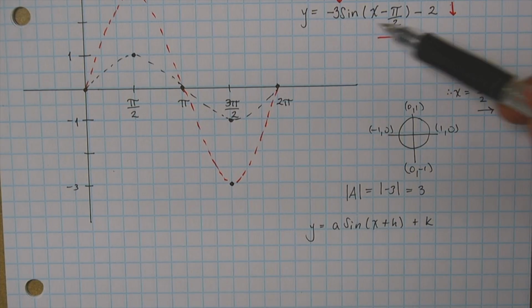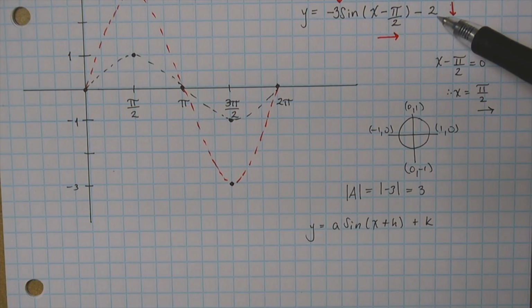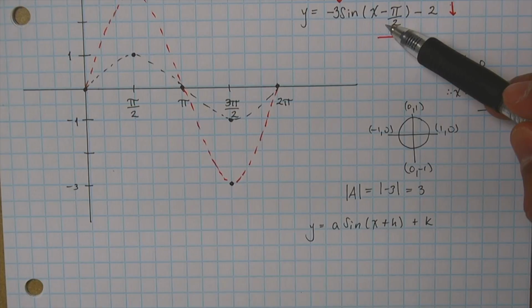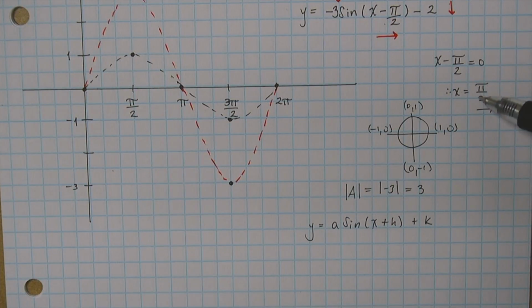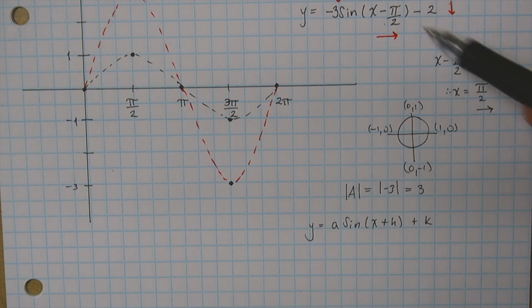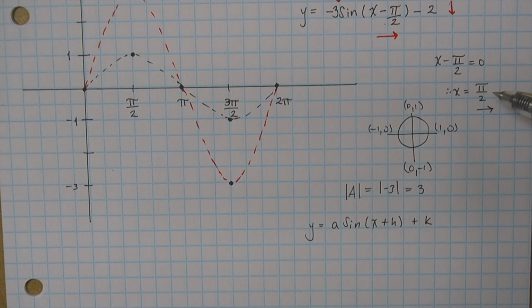So whatever you have inside here, you want to set it equal to 0. Now this one comes out to be easy. x equals pi over 2, that means you're just going to move it pi over 2 units to the right. If there was some type of number in the front, you would do the same thing and get your value, but we'll talk about those types in a future video.